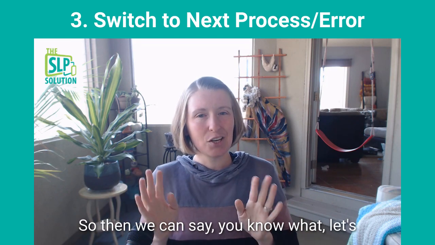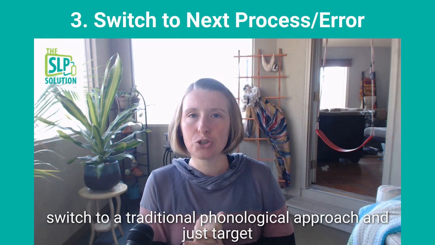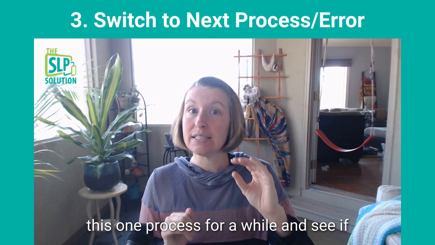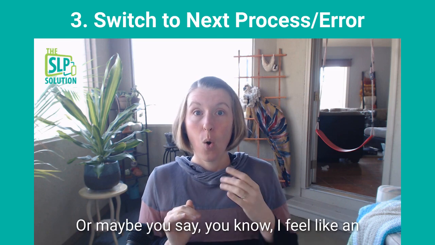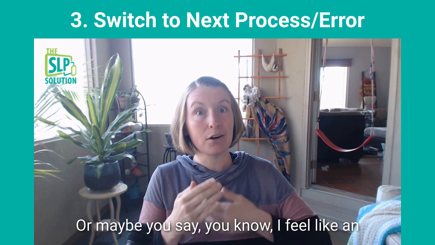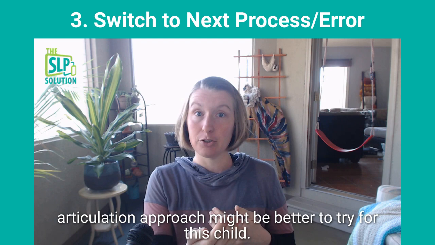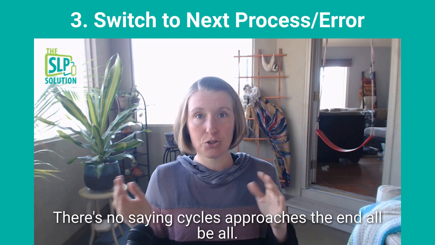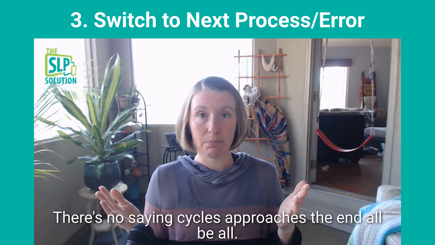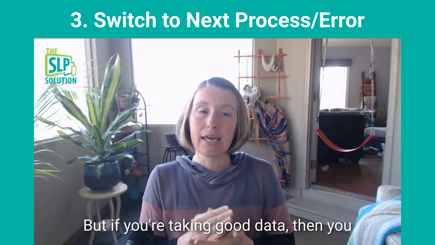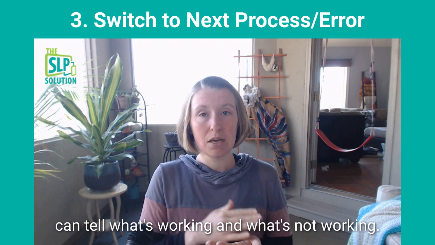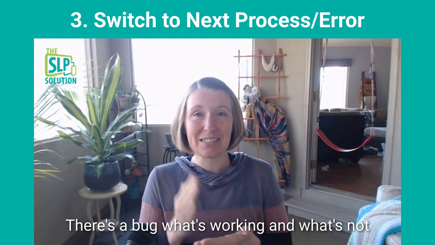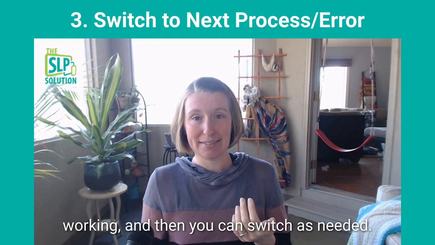Then we can say, let's switch to a traditional phonological approach and target just one process for a while and see if we can make progress. Or maybe I feel like an articulation approach might be better for this child. There's no magic right answer. The cycles approach is not the end-all be-all. But if you're taking good data, then you can tell what's working and what's not, and you can switch as needed.